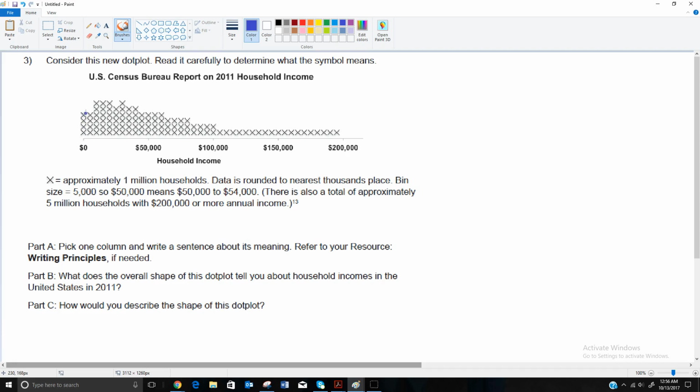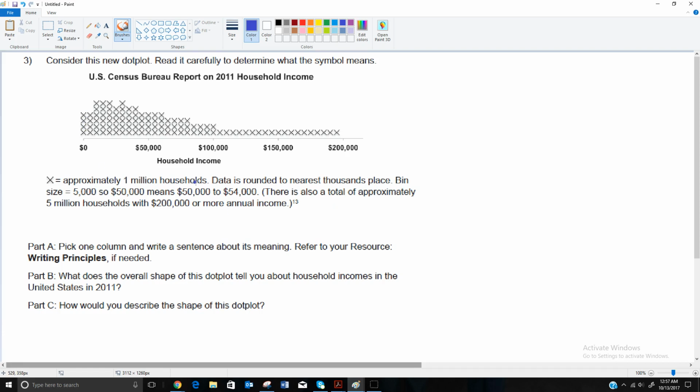Now, that says it's at 0 if you look here, but down here it says that the bin size is actually 5,000. So 50,000 actually means 50,000 to 54,000. So this first column wouldn't necessarily be 0, but it would be 0 to 4,000.